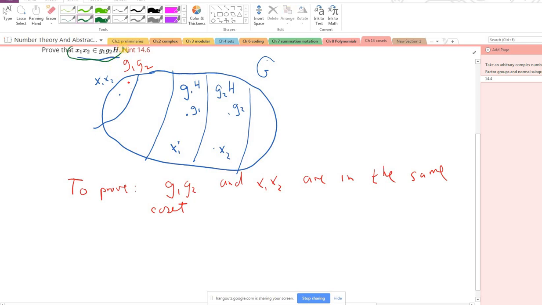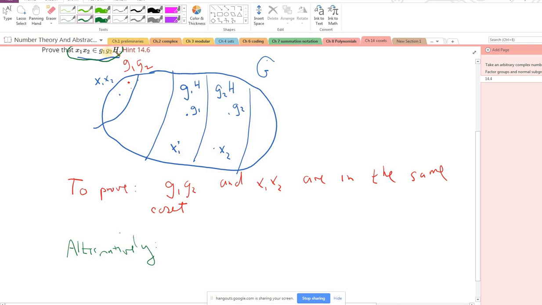That X1 times X2, if you take that G1 and G2 and you multiply it by some H, it's going to equal X1 times X2. Okay, yes. So you say if you take G1 times G2 times some H, you don't know which H, but some H. There is some little h in this subgroup.